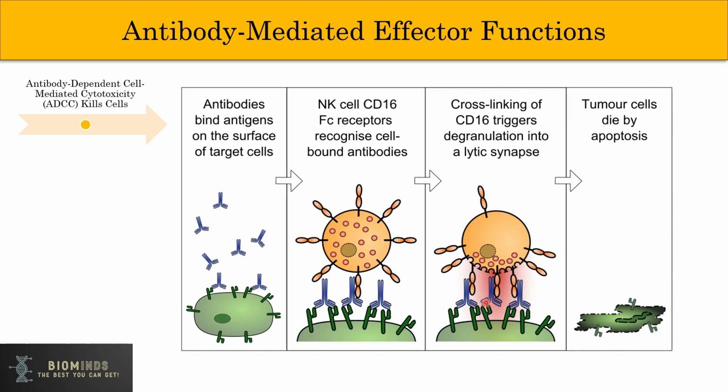When they cross link, the NK cell releases certain granules, that is the degranulation process occurs, and due to the lytic synapse, the targeted cells will die by apoptosis. Therefore it is known as antibody dependent cell cytotoxicity. It is dependent on the antibody, and cell cytotoxicity means it is toxic to the cells.